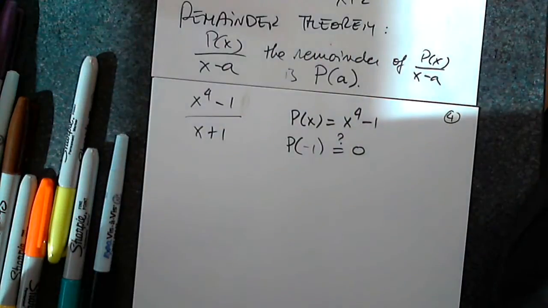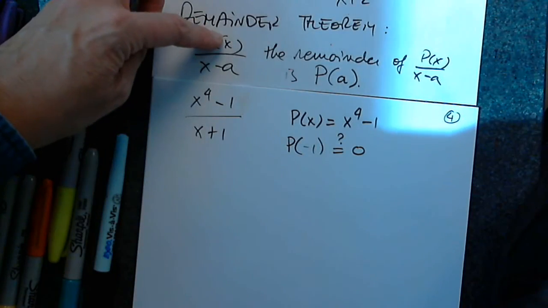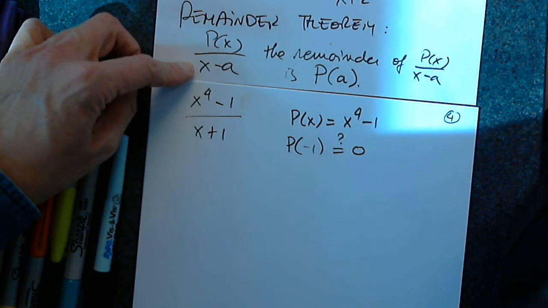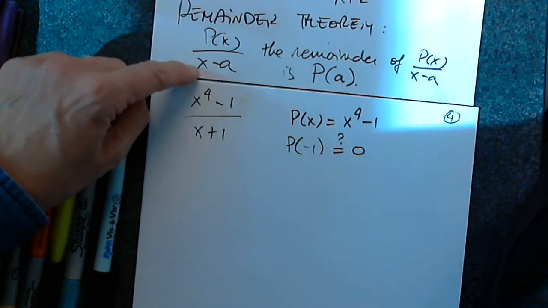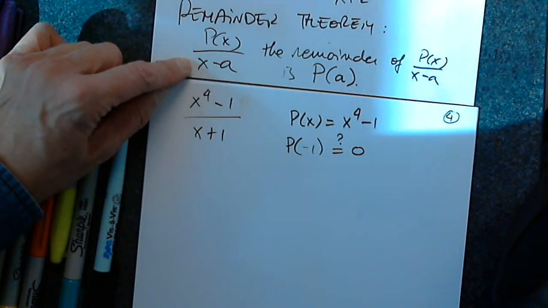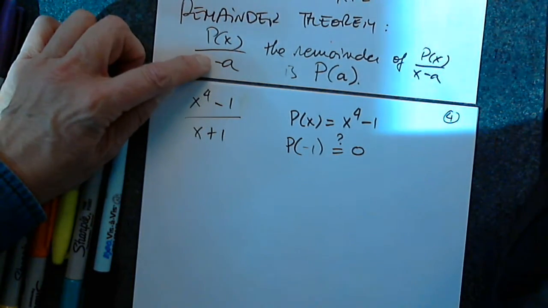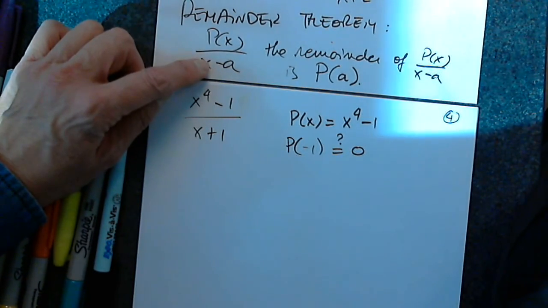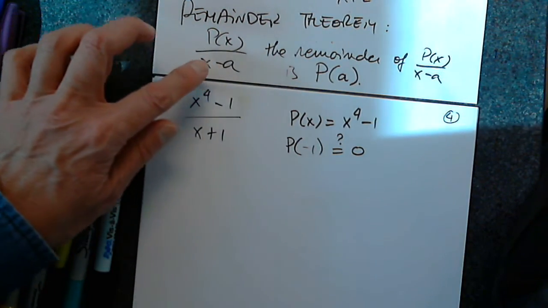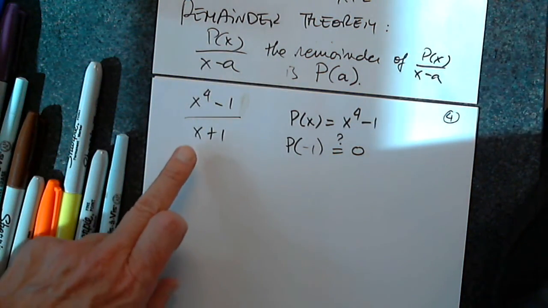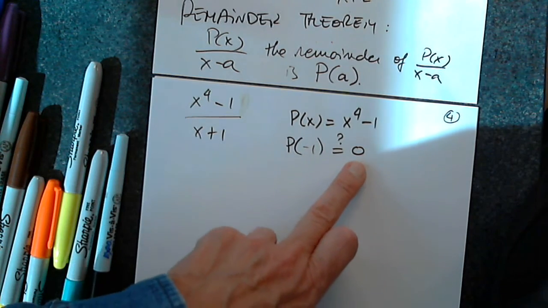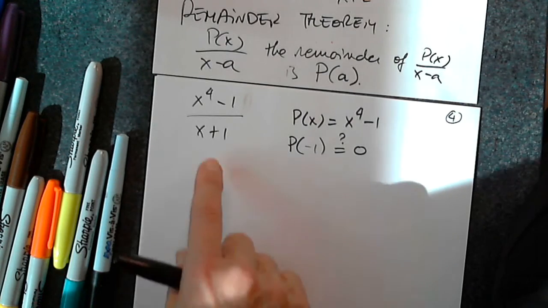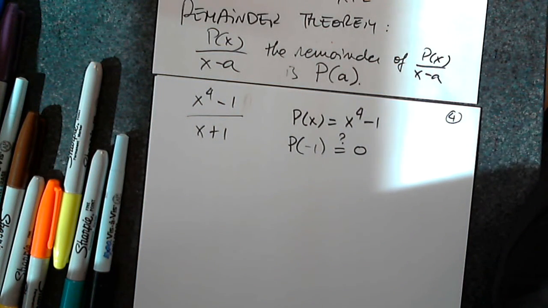The remainder theorem says only that if you have whatever polynomial you want at the top, but x plus 5 or x minus 3 or x plus 17 in the denominator, leading coefficient preferably 1, and the power or the degree 1, only if you have something like this, then you check p of -1. If p of -1 is 0, then you will say automatically, I know for sure that x plus 1 is a factor of x to the fourth minus 1.